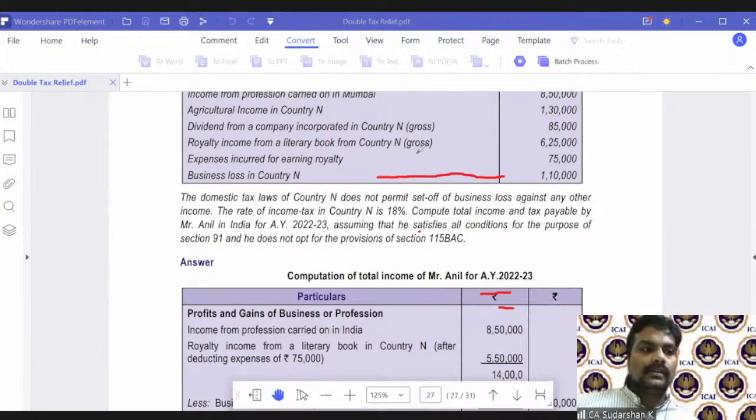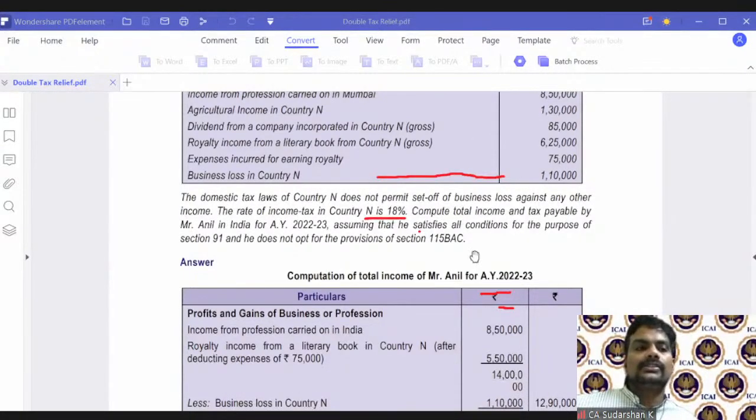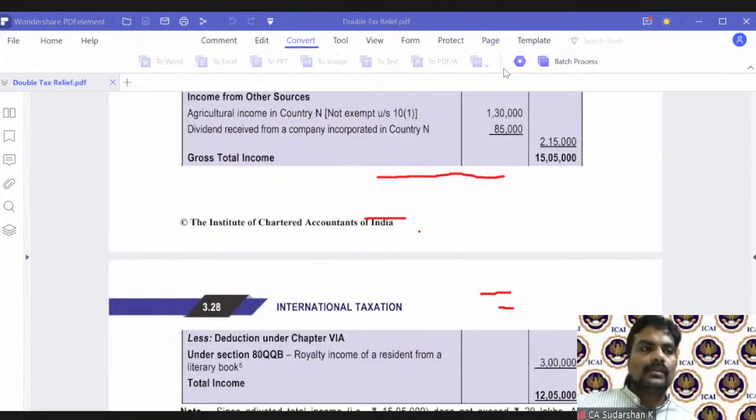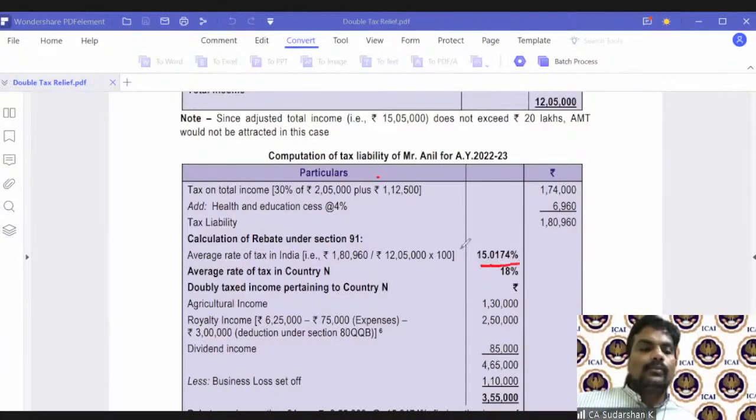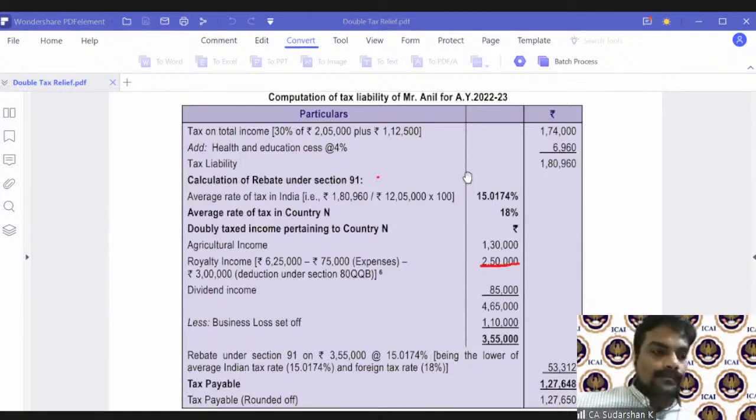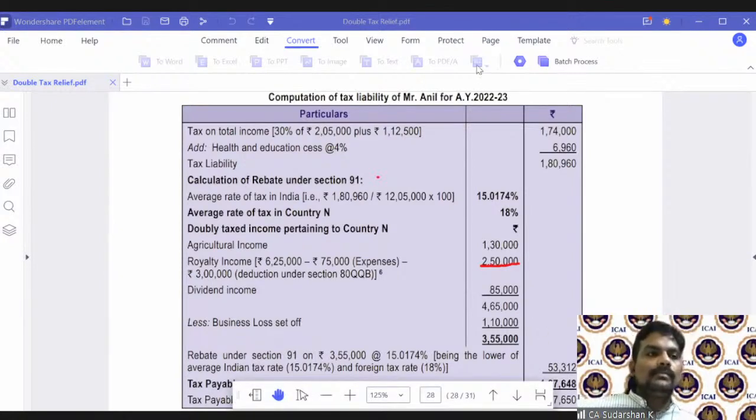The rate of income tax in country N is 18%. It's there in the question already. So obviously, the lower of the two. So on the doubly taxed income, the foreign tax relief will be restricted to only 15.0174%.